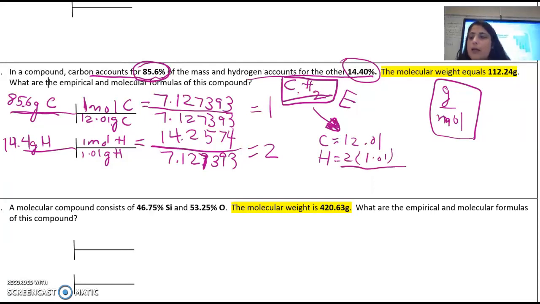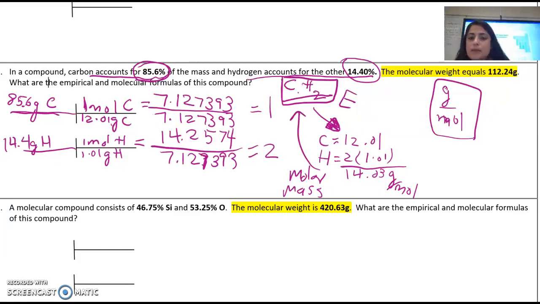You multiply and you add them up. So you should get 14.03 grams per mole. And that's your molar mass for this empirical formula.